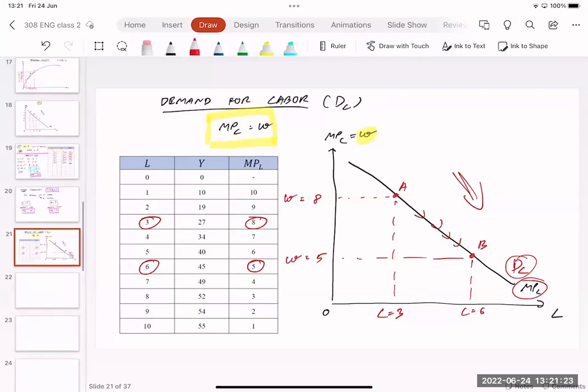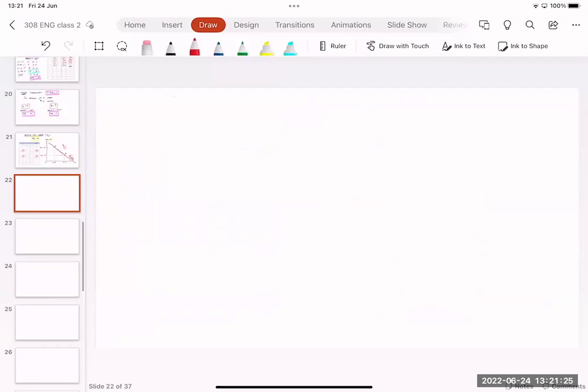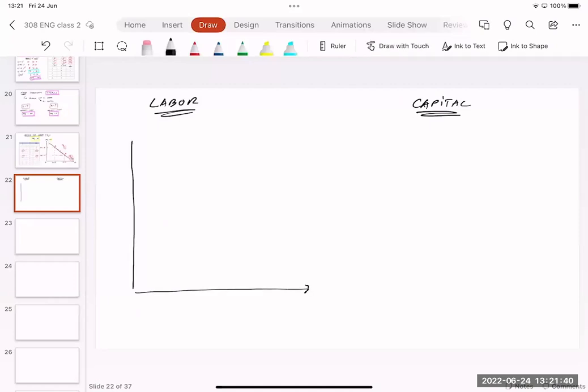So far so good. By using this idea, we're going to have demand for labor and demand for capital, and we can draw them in the graph. On the horizontal axis is L, and the vertical axis is the price of labor, the real wage.